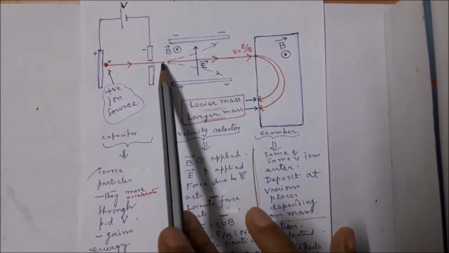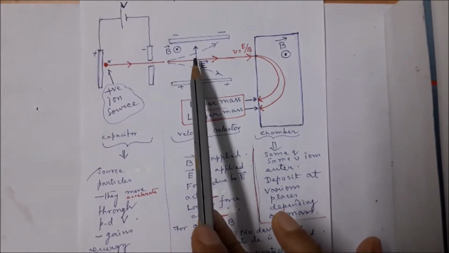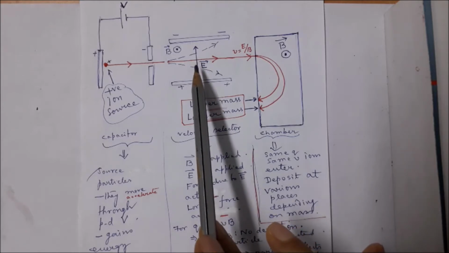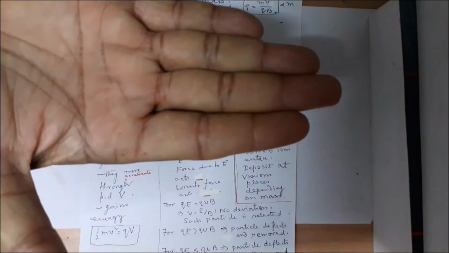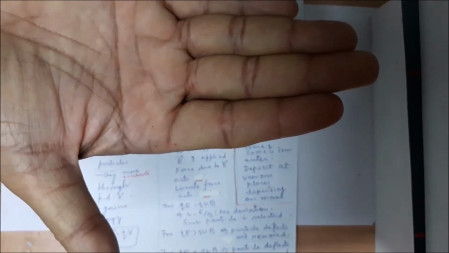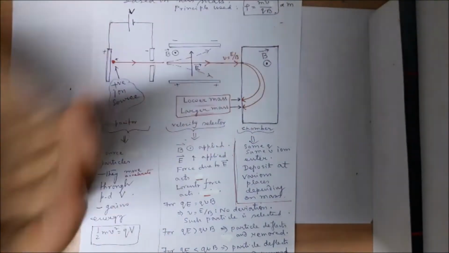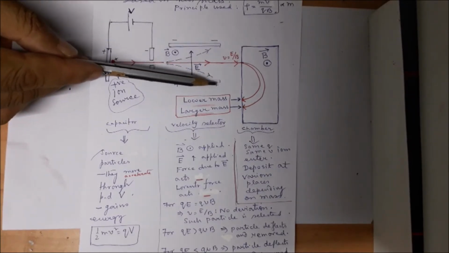Now, as this charged particle enters this region, it experiences a Lorentz force. Now, in what direction? The positive particle enters into this velocity selector and sees a magnetic induction upward and experiences a Lorentz force in this direction, that is towards the positive plate.